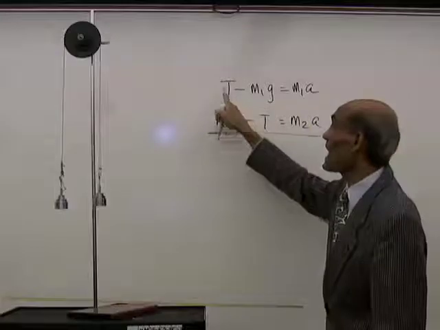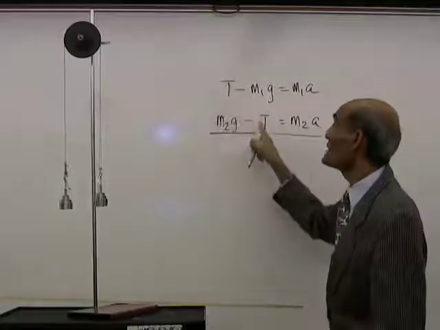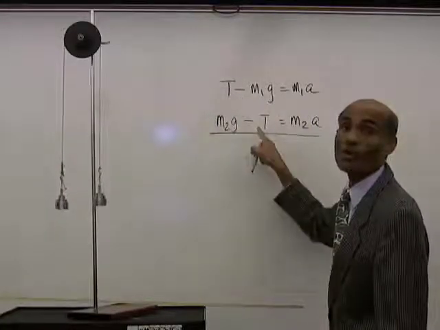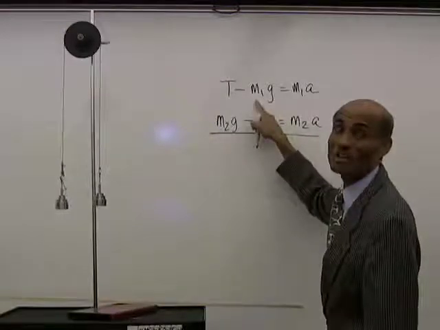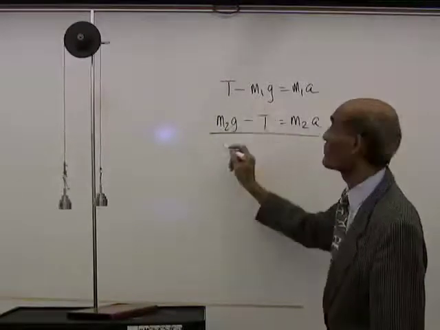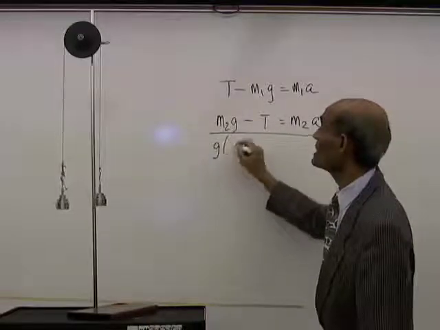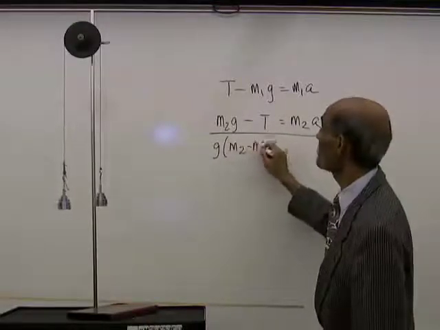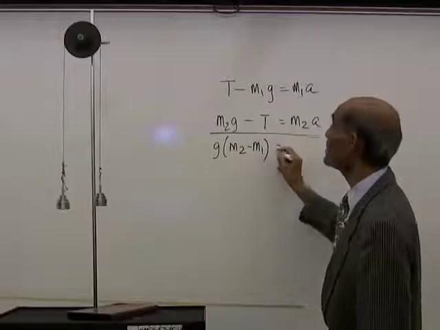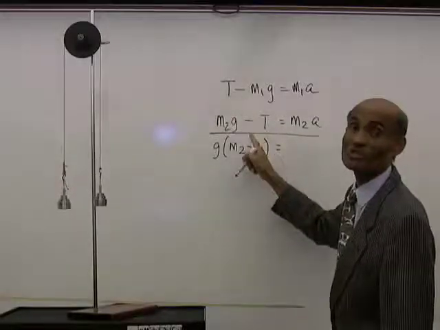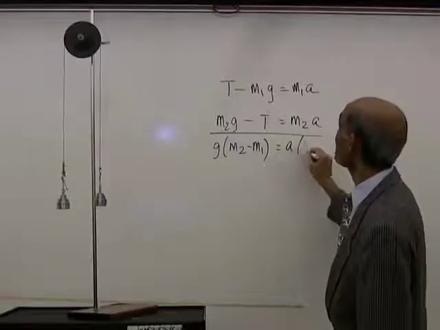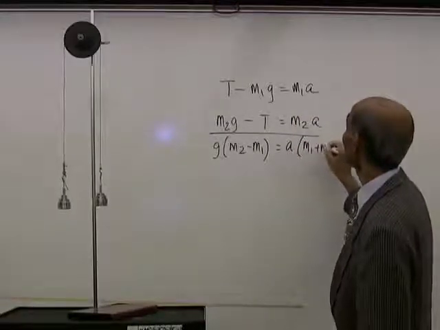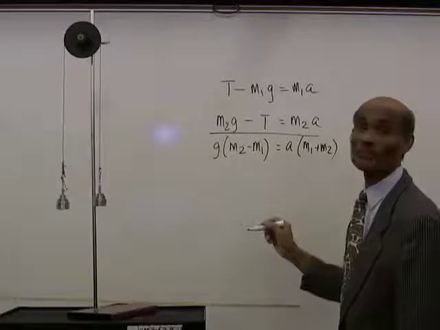If you look at this, adding them, T and negative T will go. So on the left side, I have m2g minus m1g. And I'm going to write it like this: g times (m2 minus m1) equal to, we added the left side, add the right side, we get a times (m1 plus m2).